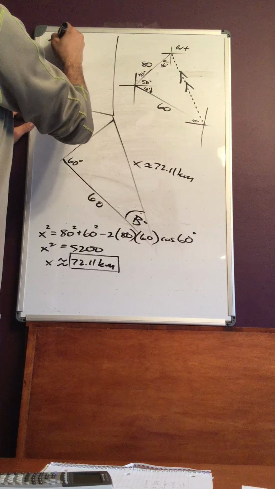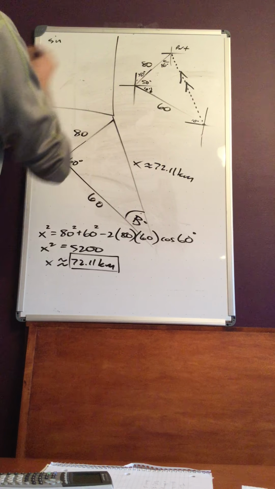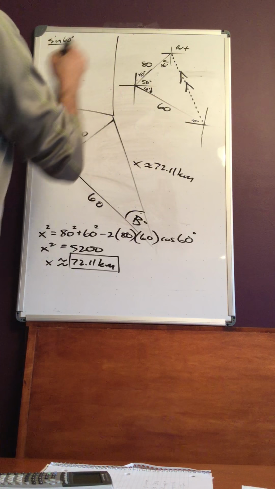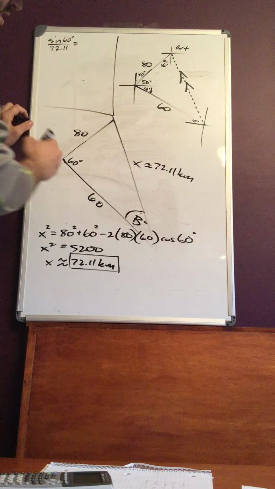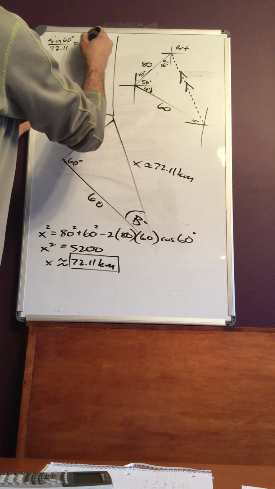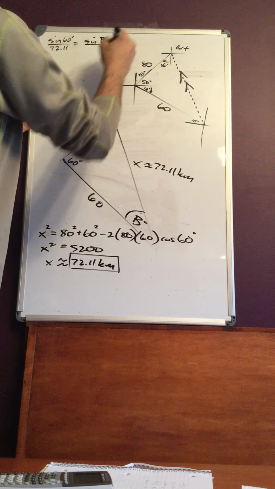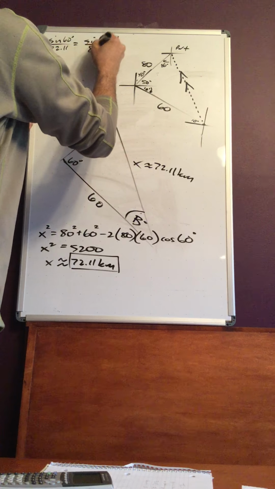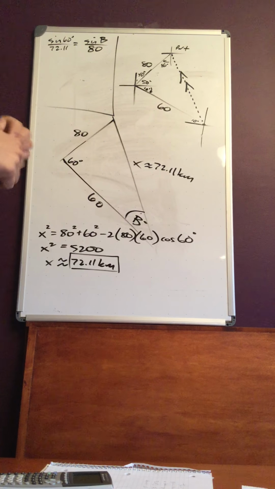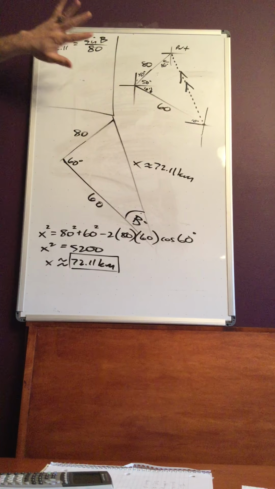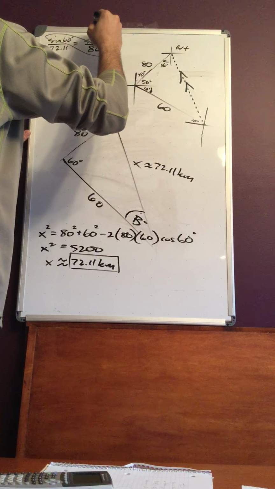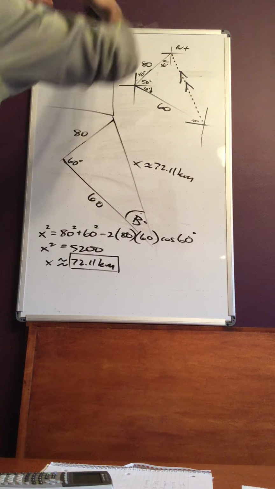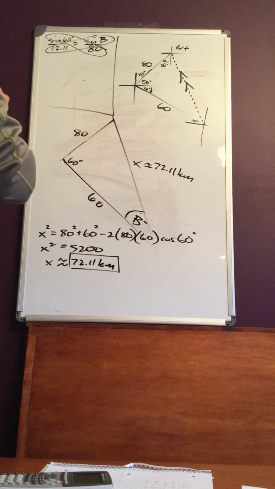We'll say sine of 60 degrees over 72.11 is equal to sine of B over 80. Now bear with me. I know Ms. Folling flips this over. It's the same thing because we're about to cross multiply here. So don't freak out if you have this exact same fraction except everything is flipped.